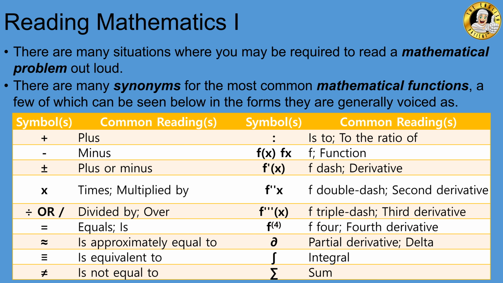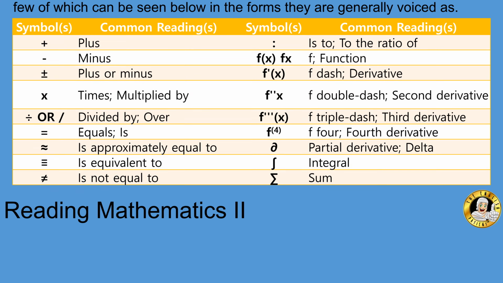And then on the third column of symbols, there is to the ratio of, f or function, f dash or derivative, f double dash or second derivative, f triple dash or third derivative, f4 or fourth derivative, partial derivative or delta, integral, sum.